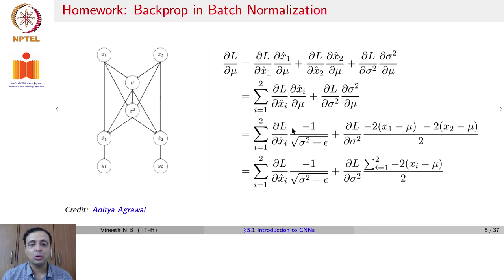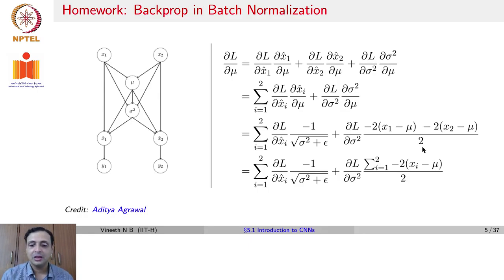This once again follows directly from the definition of xi hat to be (xi minus mu) by root of (sigma square plus epsilon). And the term here, ∂sigma square/∂mu, gets written in terms of x's and mu's, because sigma square, once again by the same expression, can be rewritten in terms of all the x's and the corresponding mu.